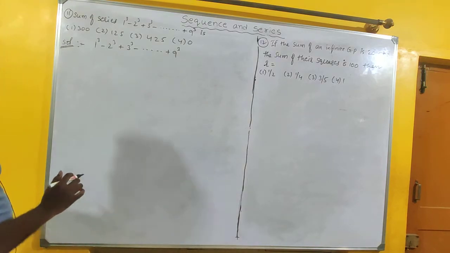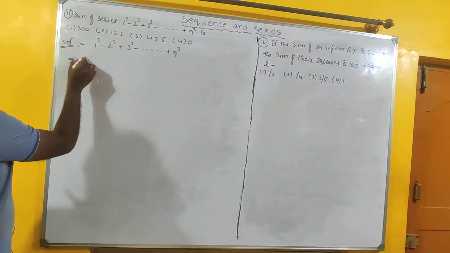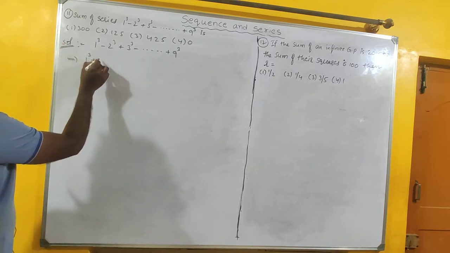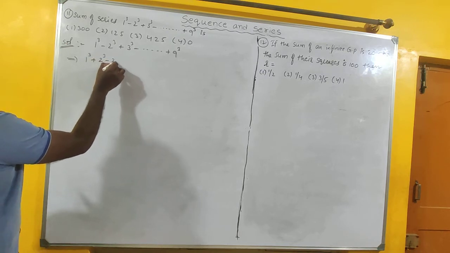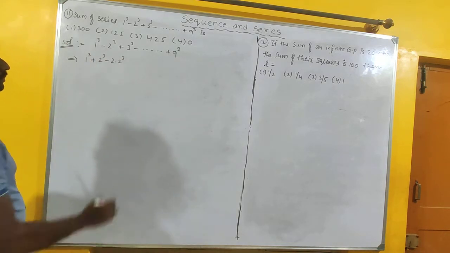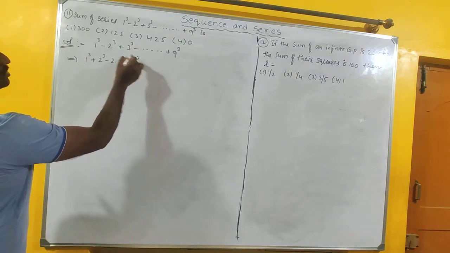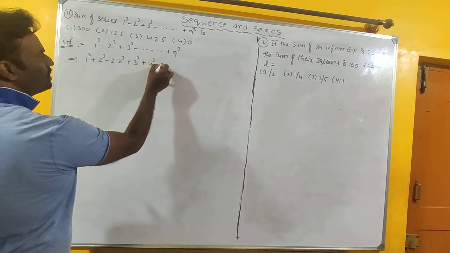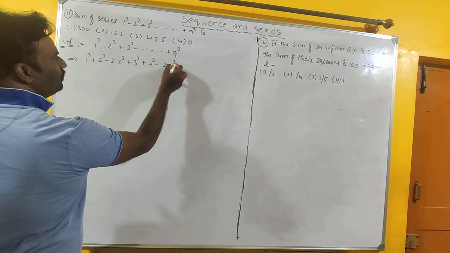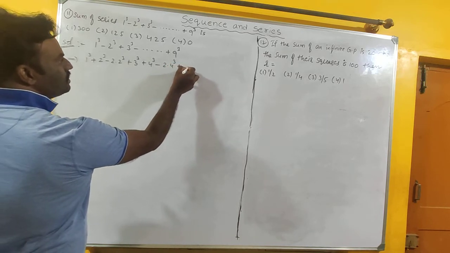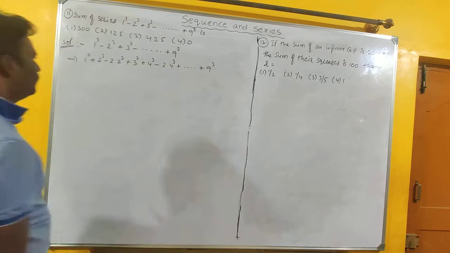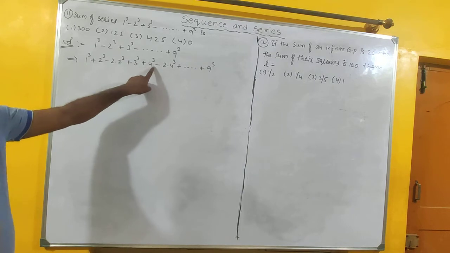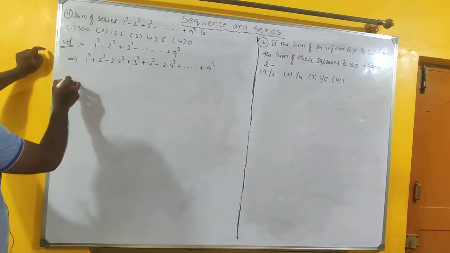This series I can write as 1 cube plus 2 cube minus 2 times 2 cube, plus 3 cube as usual, plus 4 cube minus 2 times 4 cube, plus and so on up to 9 cube. Here 1 cube, 2 cube, 3 cube, 4 cube, up to 9 cube I will write in a separate bracket.